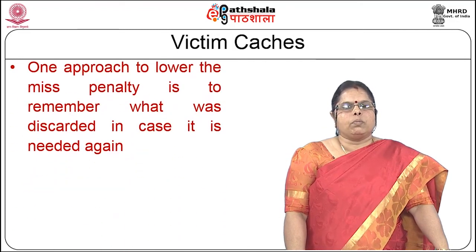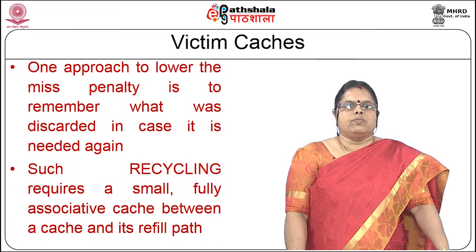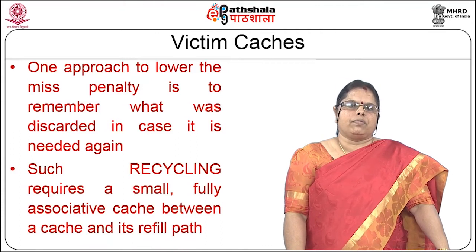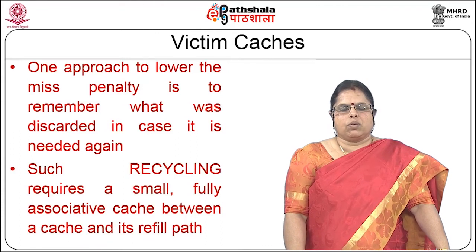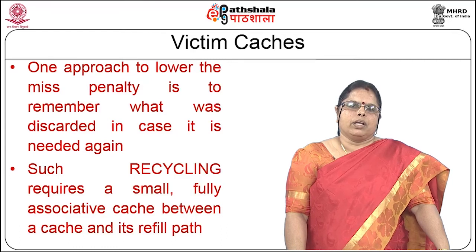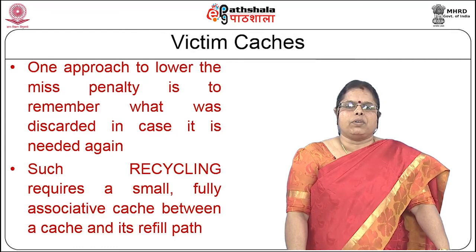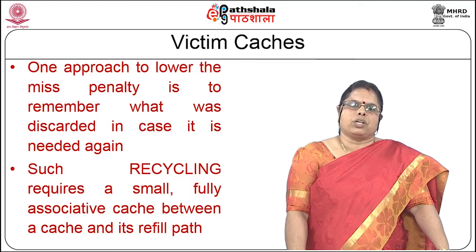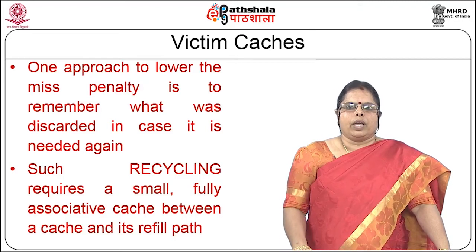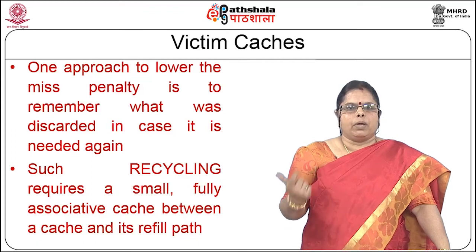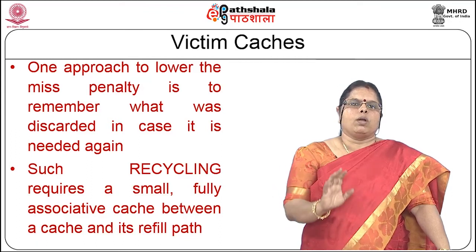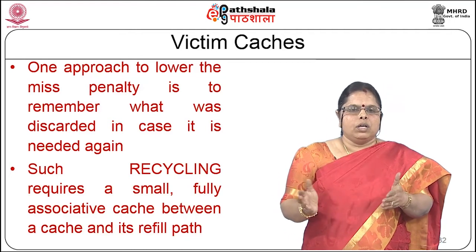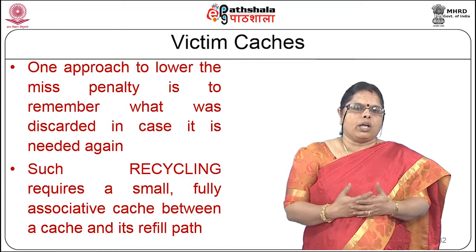So, the next optimization that we are looking at is victim caches. All of you know what a victim is, a victim of some policy or of something happening. In this case, as the associativity of the cache decreases, the worst with respect to associativity is the direct-mapped cache, where every block in main memory can be accommodated in only one block in the cache. That is a very rigid policy, and there is no other place where that block can be accommodated.